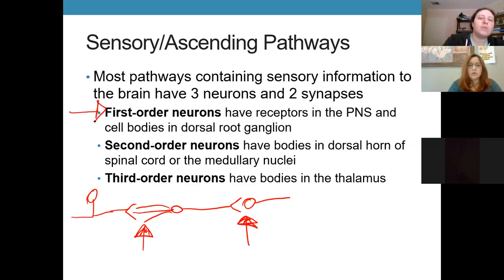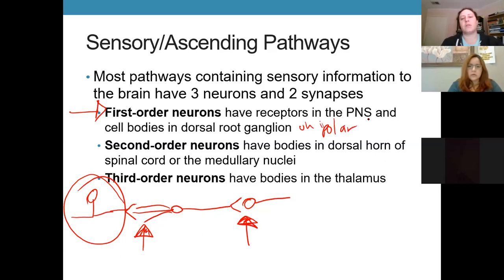The first order neuron is the unipolar sensory neuron whose receptors are in the peripheral nervous system and whose cell body is in the dorsal root ganglion. This is a neuron that, other than the end of its axon entering the spinal cord, is pretty much purely peripheral.